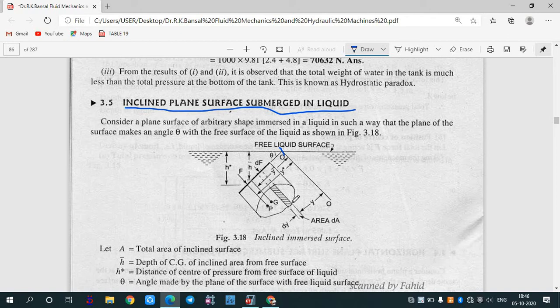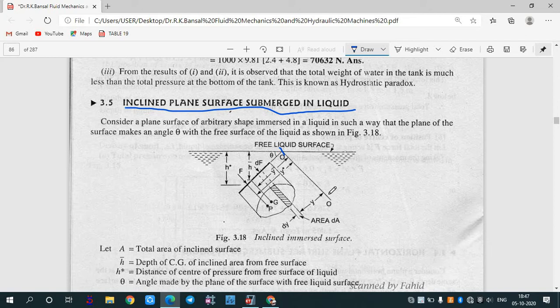Now we are considering a small strip in the same manner as we did in the previous video, which was for the vertical surface. We will consider a strip, find the force for the strip, then integrate it, and we will get the force for the entire area. The width of this strip we are considering as b, and the height as dy.